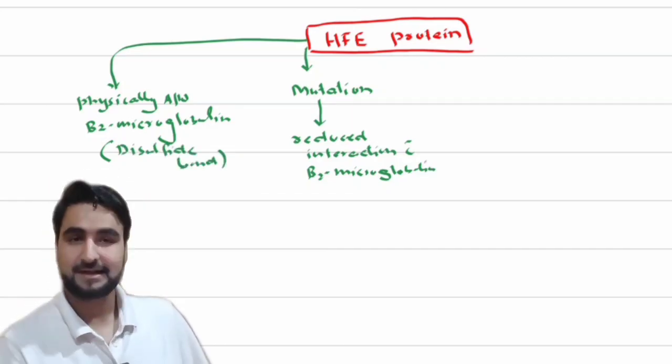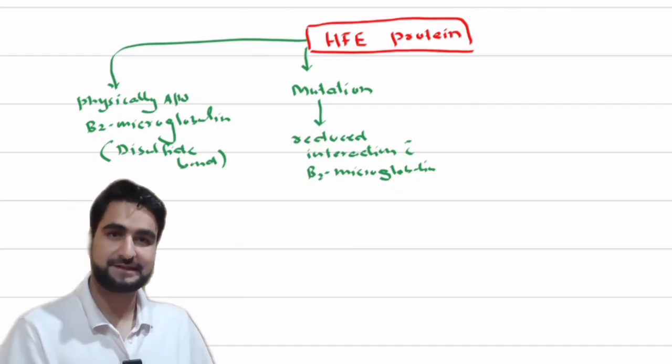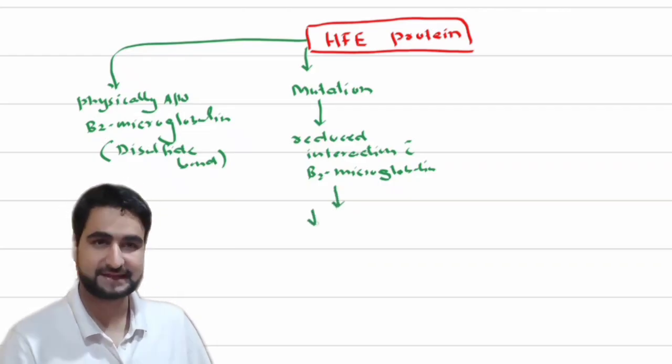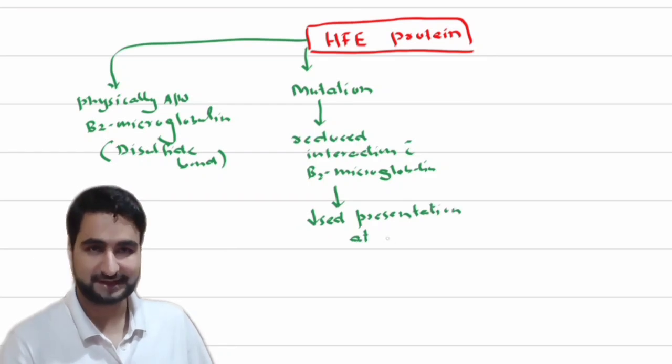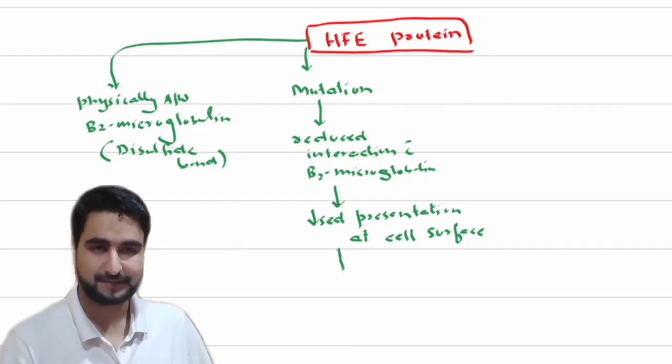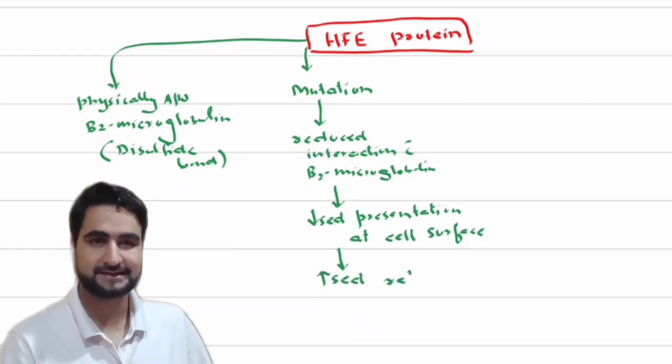As a result, there is decreased presentation of this protein at the cell surface, and there is increased retention of this protein inside the endoplasmic reticulum, and thus increased degradation of this protein.